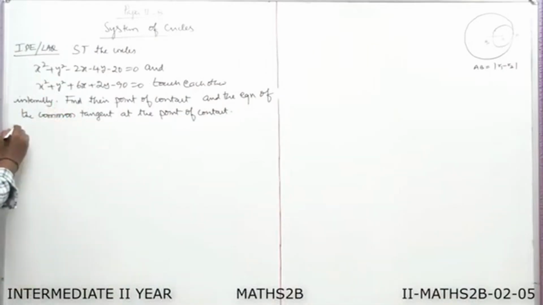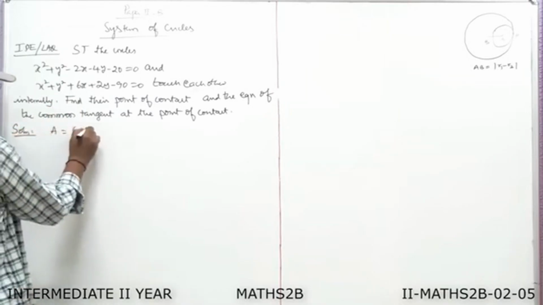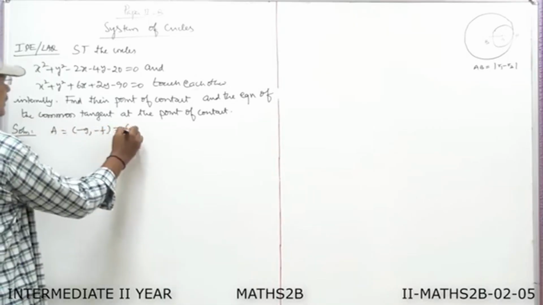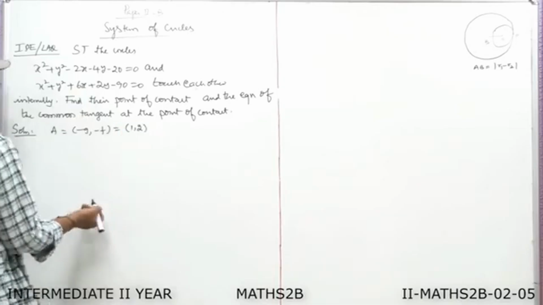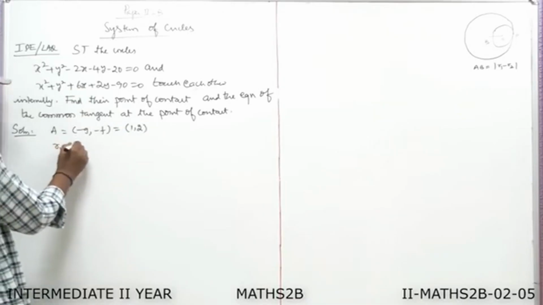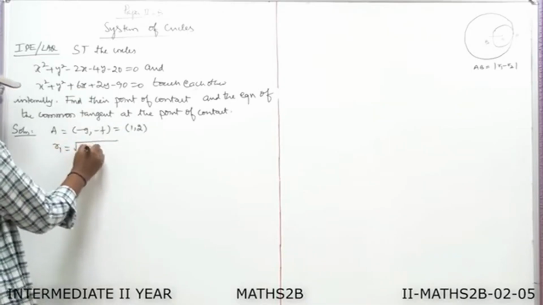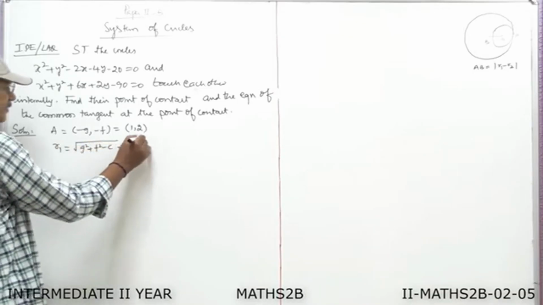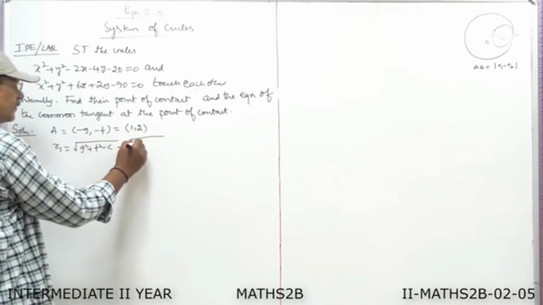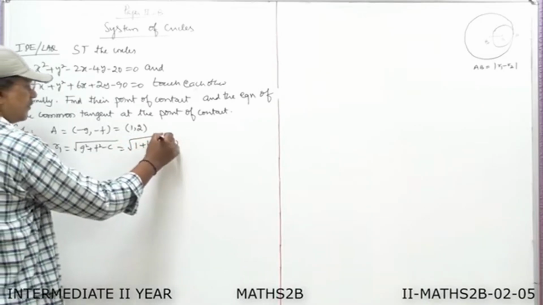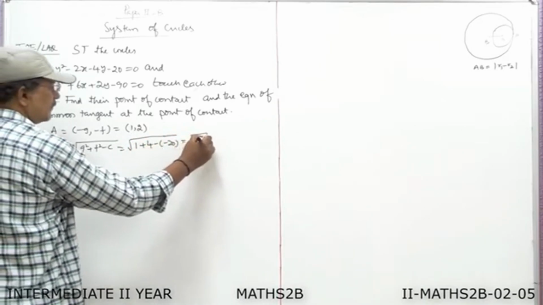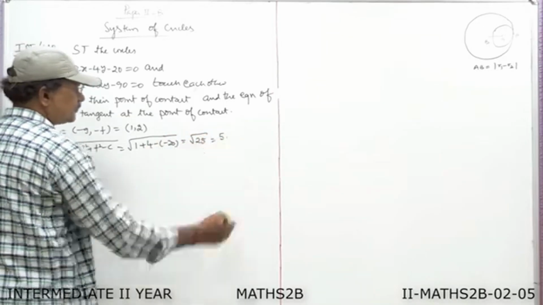Take the center of the first circle. Center of the first circle is minus g comma minus f, that is 1 comma 2. You calculate the radius R1, root of g square plus f square minus c, that is root of 1 square plus 4 minus of minus 20, that is root 25 equal to 5.